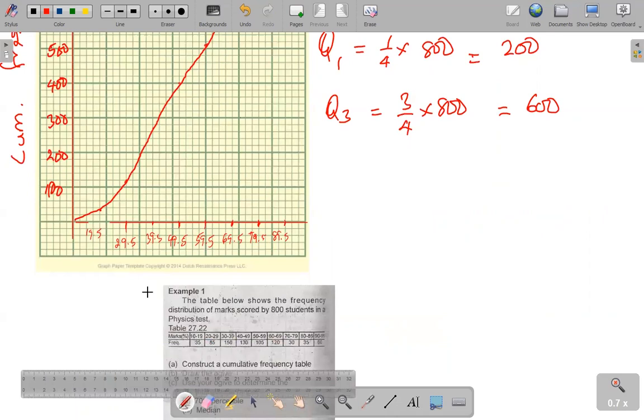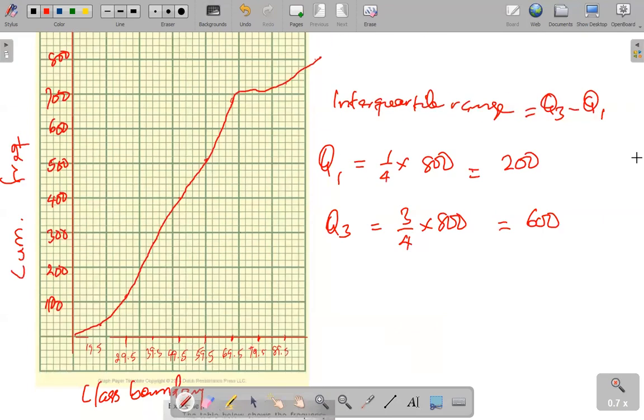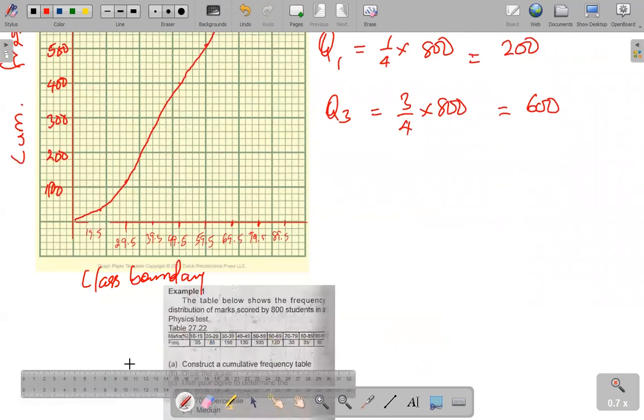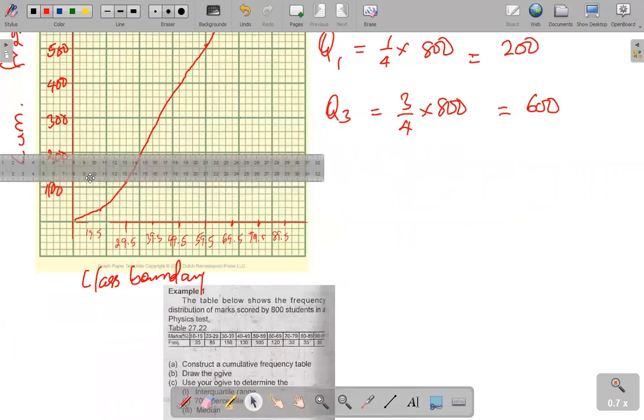Here is a class boundary. So now we can get our lower and upper quartile from that. The lower quartile is at 200 cumulative. So place your ruler at 200, and with a dotted line, trace it until you touch the curve.